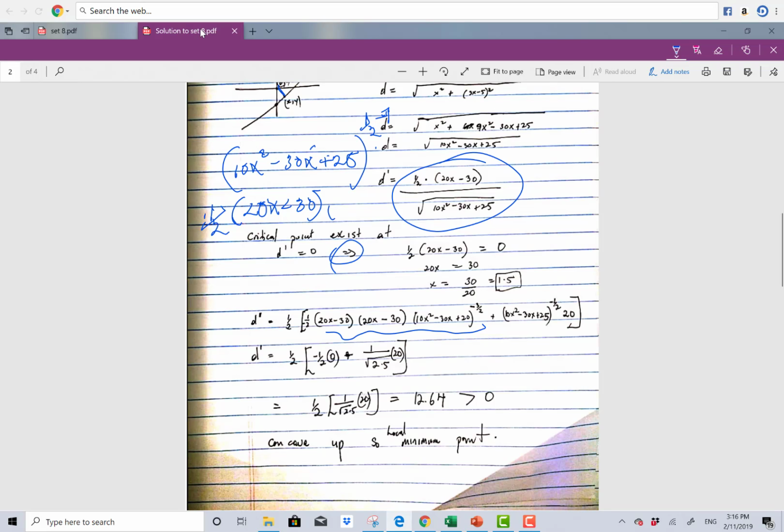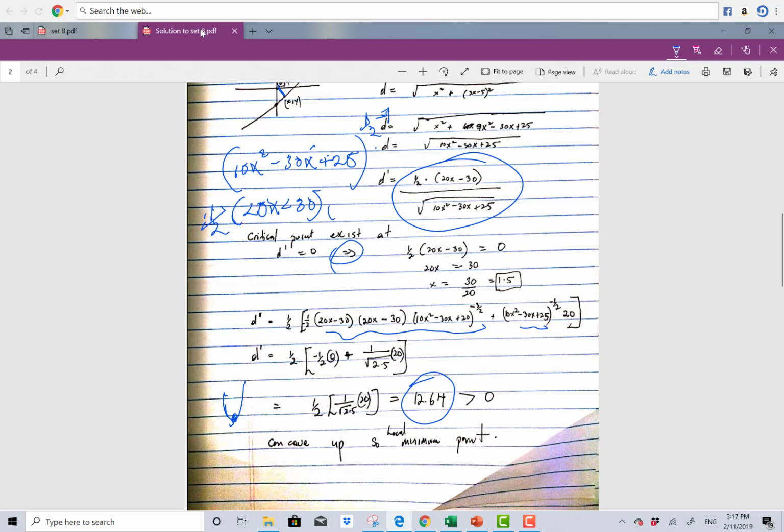The second piece remains. Once I plug in 1.5, my result gives me a value that is bigger than 0, so that's a positive value. Since it's positive and I'm using the second derivative, that tells me the graph is concave up.